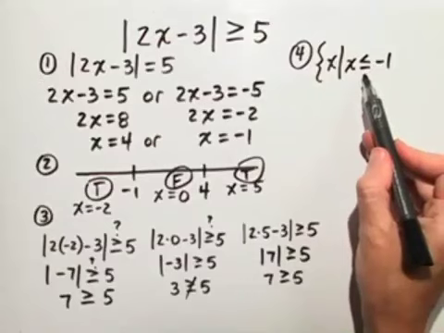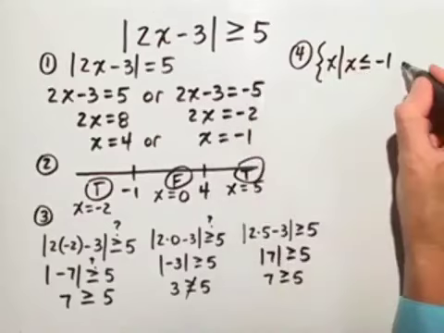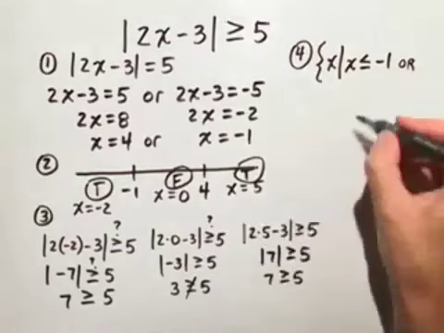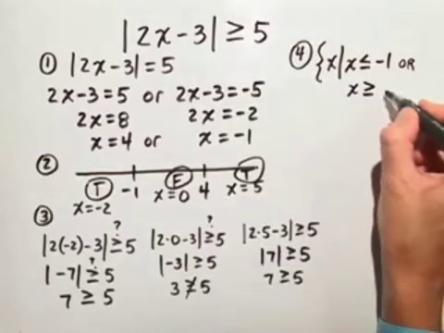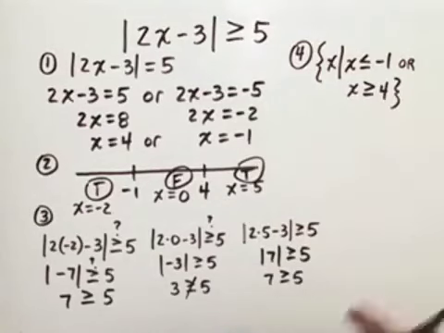Remember, we use the less than or equal to sign because our original inequality had an equal in it. Or, also we have the interval x is greater than or equal to 4. So that's our set builder notation.